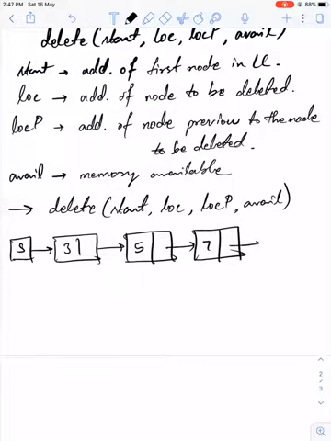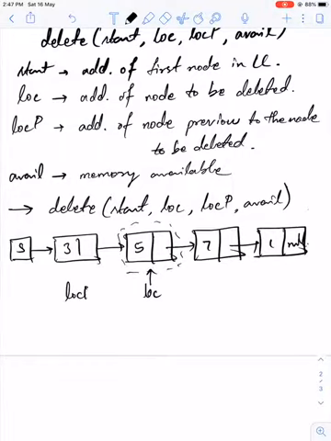This is 7, this is the last node, null. So this is location. Okay, second node is location, this is location P. So what is the main algorithm here is, if this is all given, what you have to do is you have to delete this. How will you delete this? If this is the linked list, you go like this. What should happen if you go here? Right now the address in the loc P is this one.